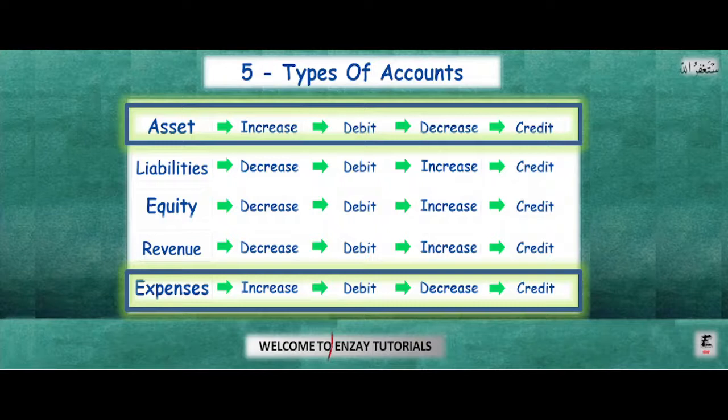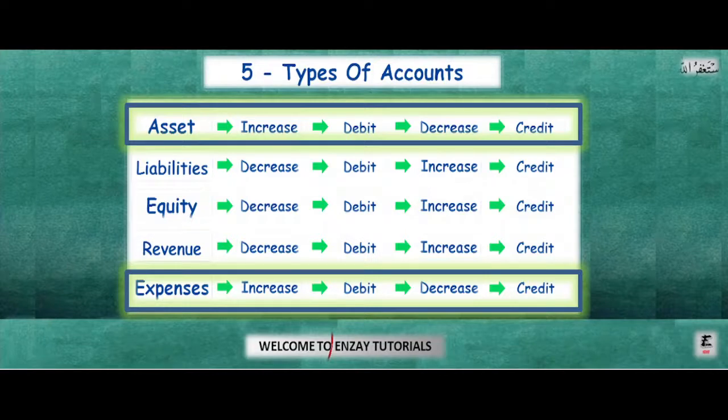These two accounts, asset and expenses, when these two accounts increase, we use the symbol debit, or we represent it through debit. And when these two accounts, asset and expenses, decrease, we use the credit symbol, or we represent the decrease in asset and expenses through credit.